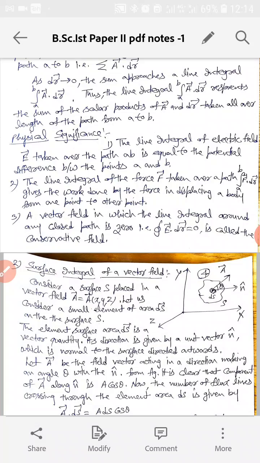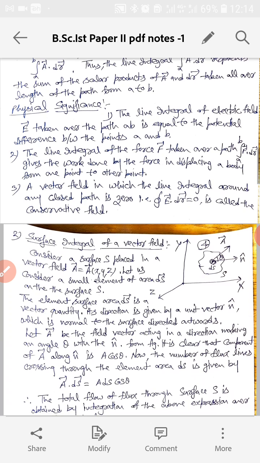You all know this expression from your plus 2. So if we want to calculate the potential V, it will be E dot dx, and if we integrate that, dV will become V, and E dot dx. So the line integral of the electric field E taken over the path AB is equal to the potential difference between the points A and B.